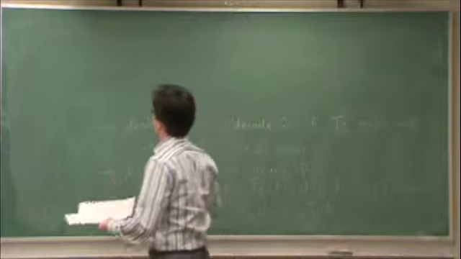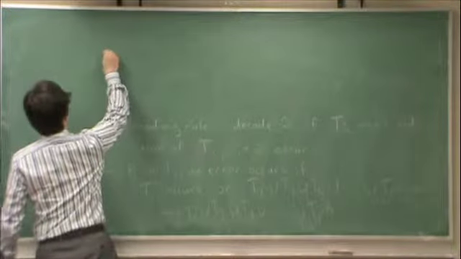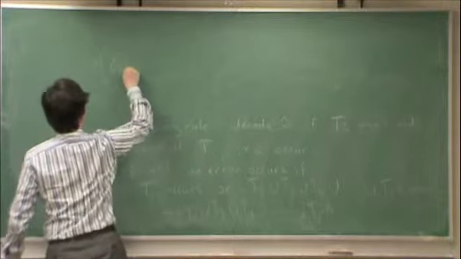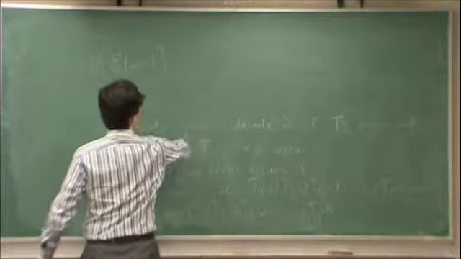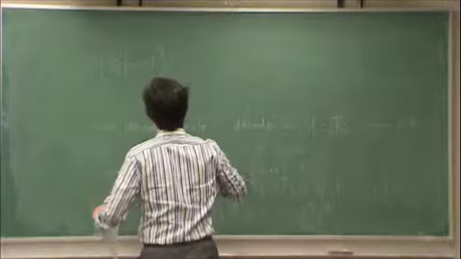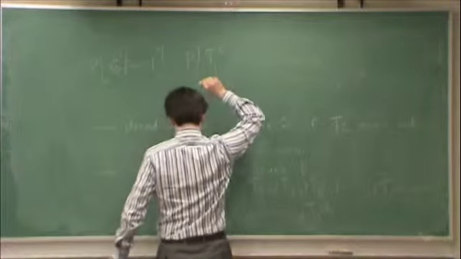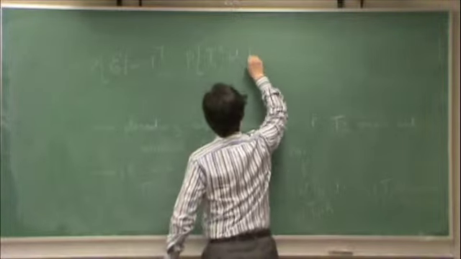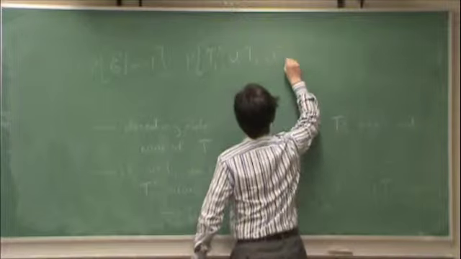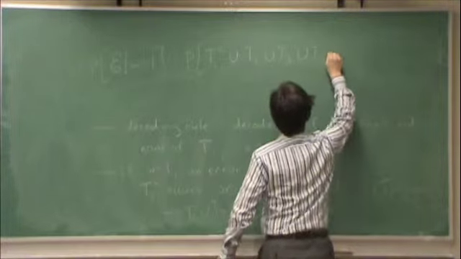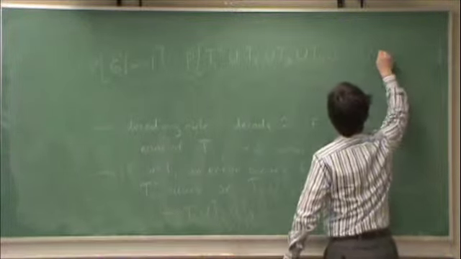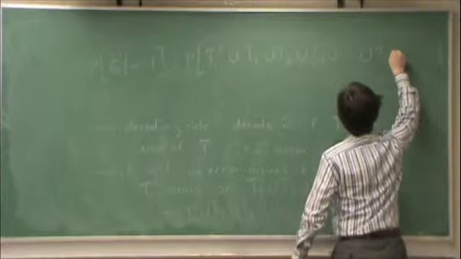So this probability of error given W equals 1 is equal to the probability of T1 complement union T2, union T3, union T4, and so on up to T2 to the NR.